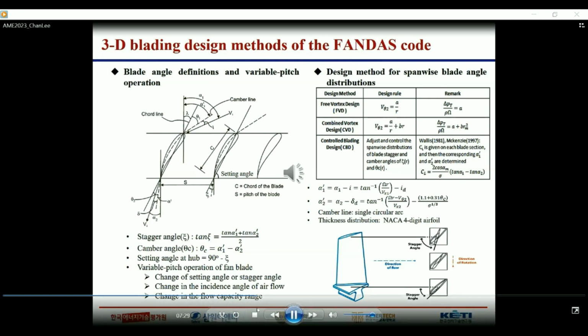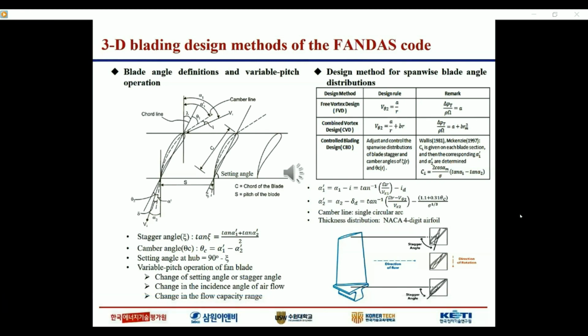Especially variable pitch fan operation gives the change of the stagger angle and then results in the change of the incidence angle and the flow capacity range of the fan. So the blade angle distribution design is very important for high performance and the wide flow range of the fan. And for this reason, we selected the CBD method for variable pitch fan design.